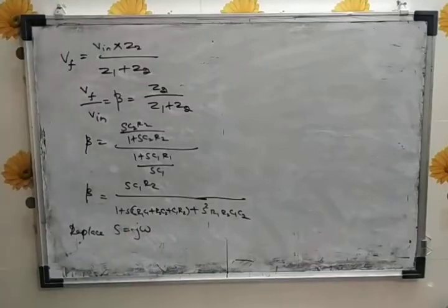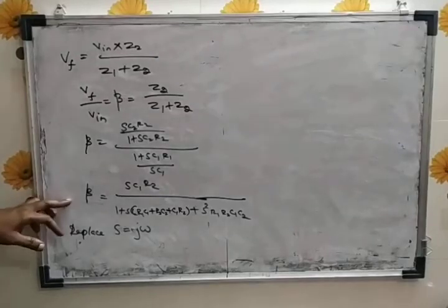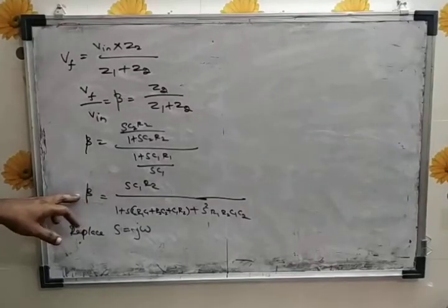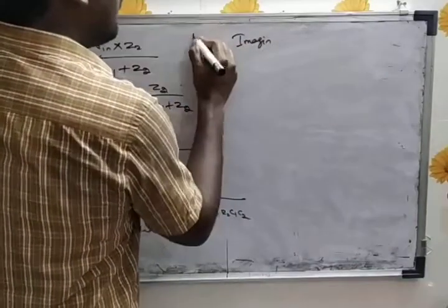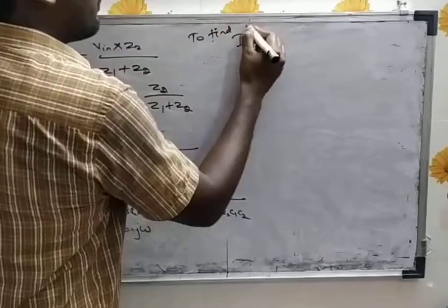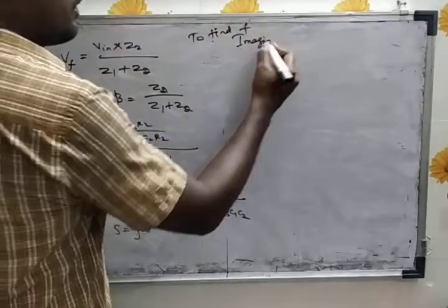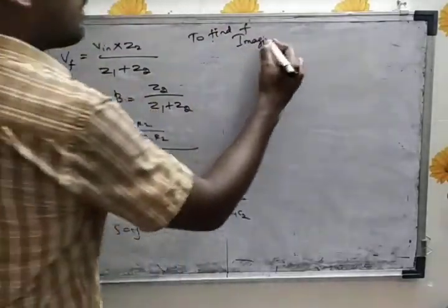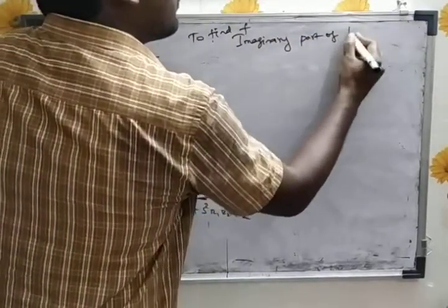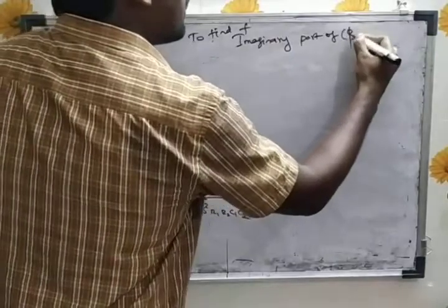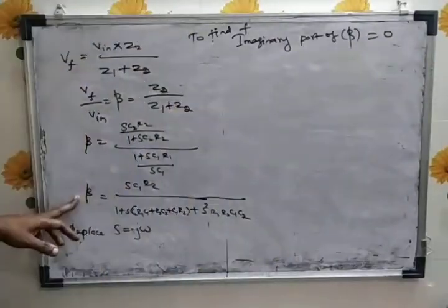Here also our objective is to find the frequency of oscillation. To find the frequency of oscillation, we have to equate the imaginary part of beta to 0.